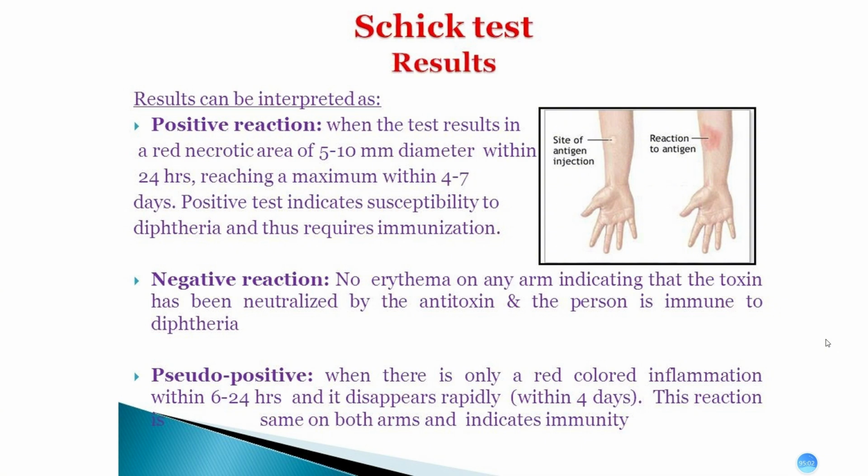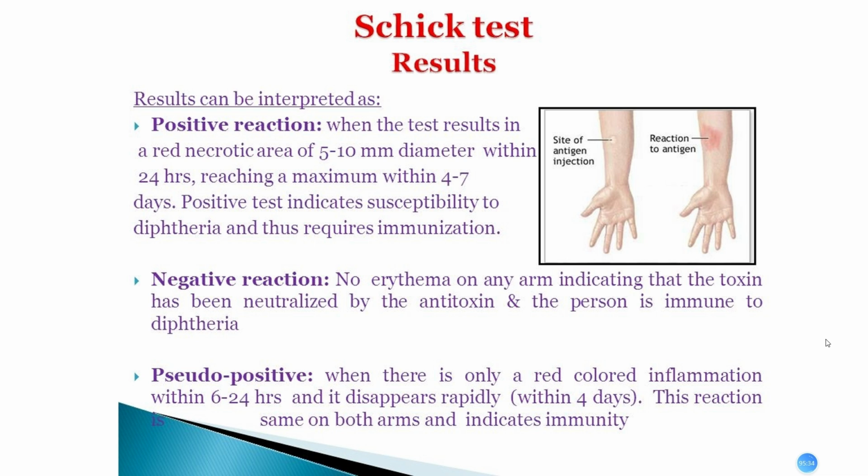So this person does not have any antibody, is not immunized, is not protected. While in this person, after injection, nothing happened at the site of injection, which means that the toxin injected at this site is neutralized by antibody, so this person is immunized and protected.